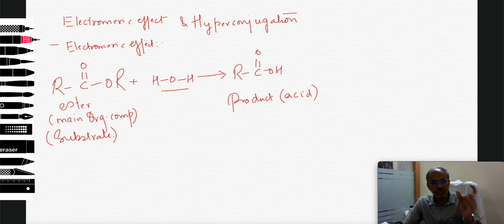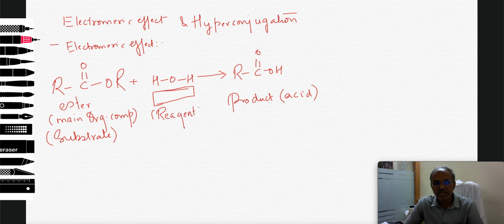And the chemical responsible for the reactivity to happen is known as reagent. I will explain reagent a few minutes from now. First we will see what we mean by substrate.